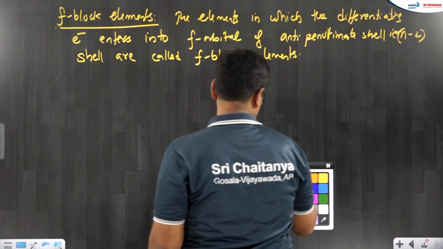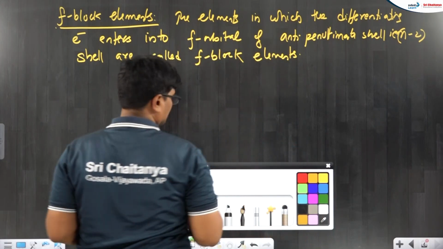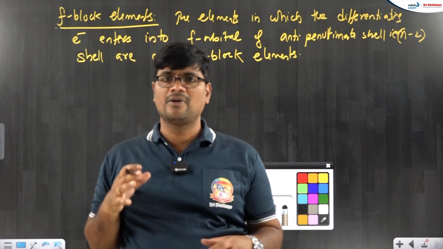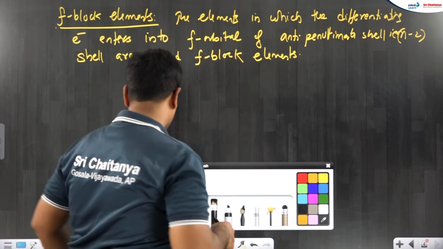Clear? Now here they are present in the sixth period. The f block first series is present in the sixth period.